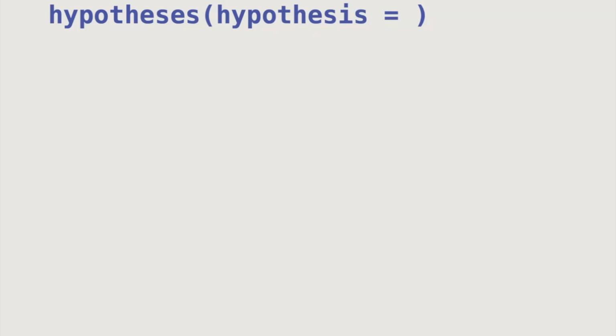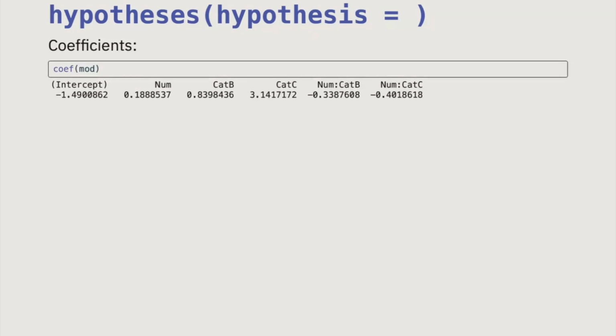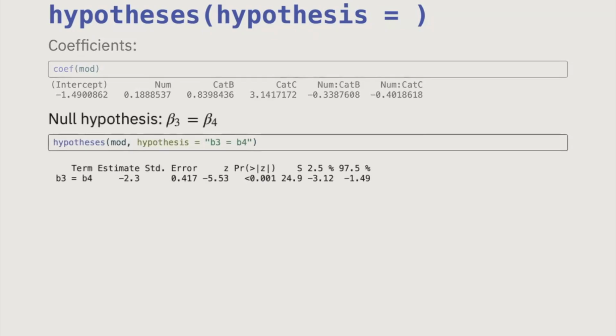That is that beta 3 is equal to beta 4. So this is a hypothesis test of coefficient equality. So what I do is I use hypotheses, plural. That's my model. And then I specify my hypothesis using this argument. And I say b3 = b4. Okay, and so the output there is the null hypothesis that these 2 things are equal.